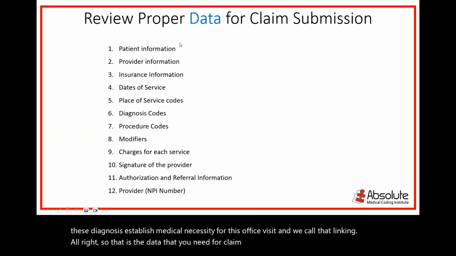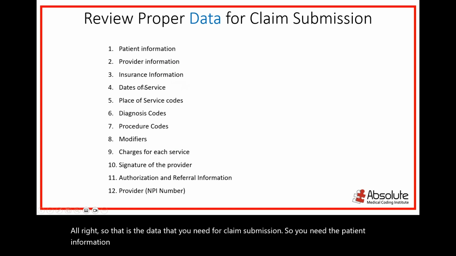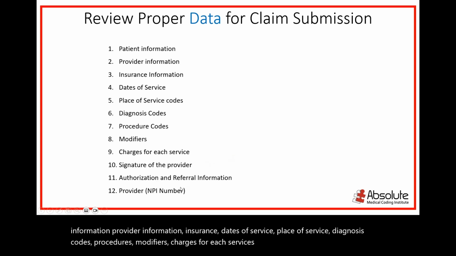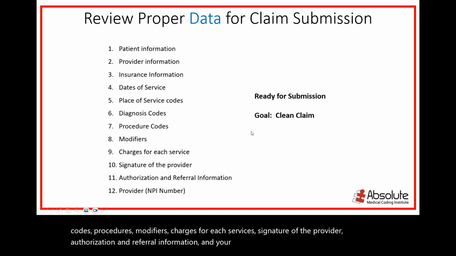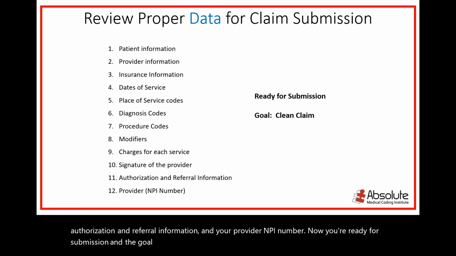So you need the patient information, provider information, insurance, dates of service, place of service, diagnosis codes, procedures, modifiers, charges for each service, signature of the provider, authorization and referral information, and your provider NPI number. Now you're ready for submission, and the goal is a clean claim.